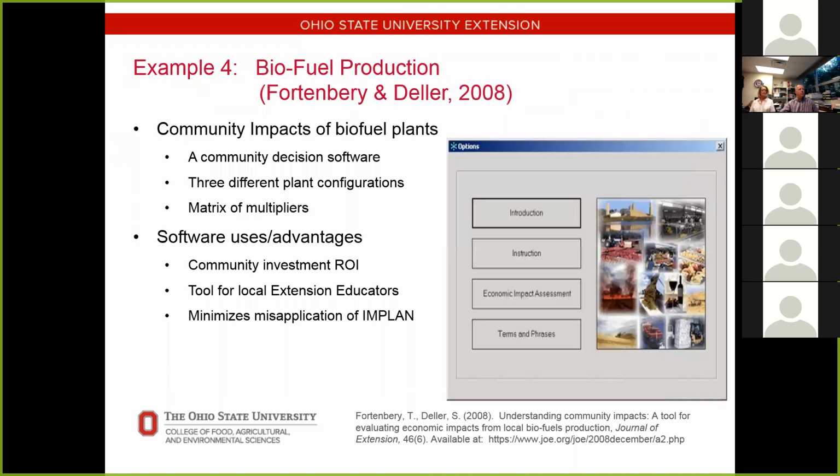They needed to know this in order to decide whether they wanted to work on the recruitment of these types of plants, maybe decide on what the incentive package would be, if any. And so they came up with this input software tool that helped the community determine what the return on investment of these plants were. So apparently it was used fairly widely back then, and I don't know if it's still used or not, but I thought it looked like a very handy tool.